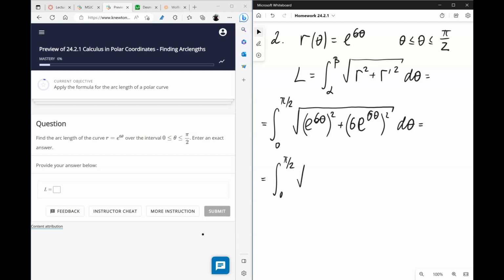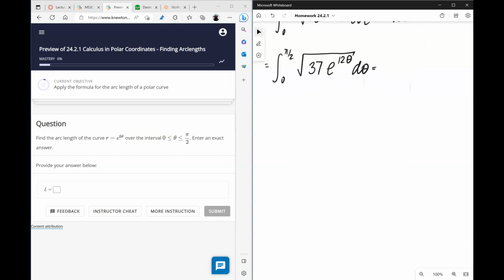Let's simplify it. We have e to the power 12 theta plus 36 e to the power 12 theta d theta. So we have the square root of 37 e to the power 12 theta.